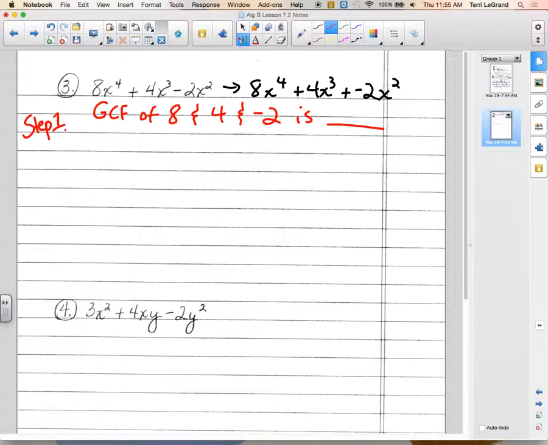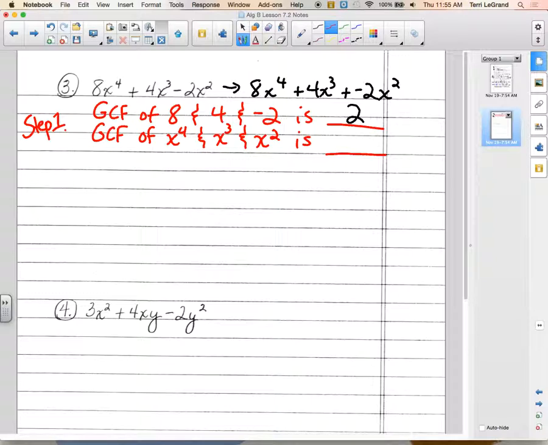So our GCF of the number part is 2. Our GCF of the variable part's next. We have x to the 4th, and we have x cubed, and we have x squared. What's that GCF? Just x.